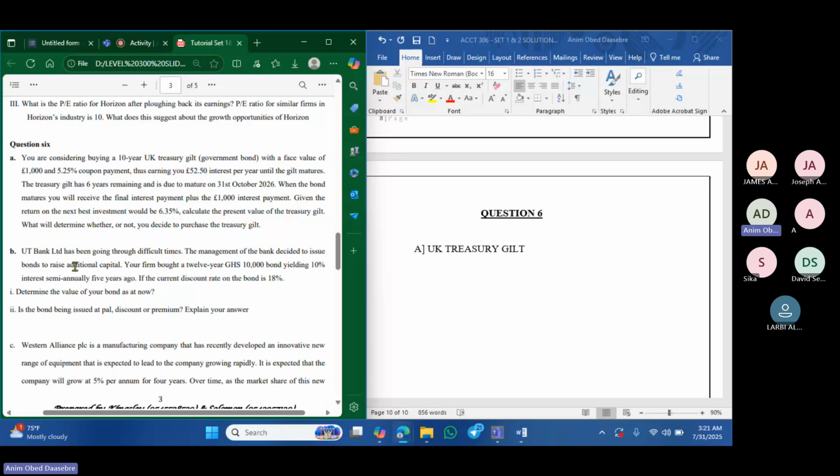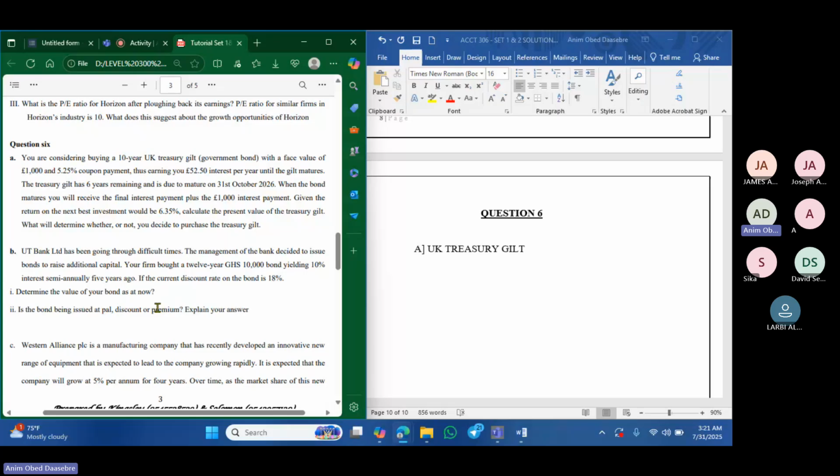For part B, we should also determine the present value of the bond today, and tell whether the bond is traded at par, discount or premium. Bonds are traded in three forms, whether at par, discount or premium.